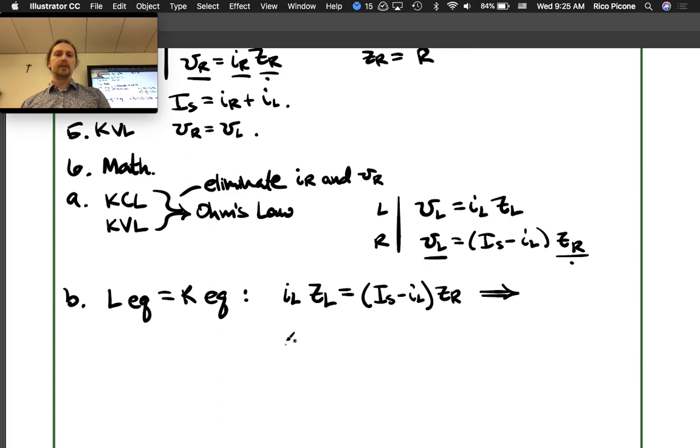IL equals ZR divided by ZL plus ZR times IS.